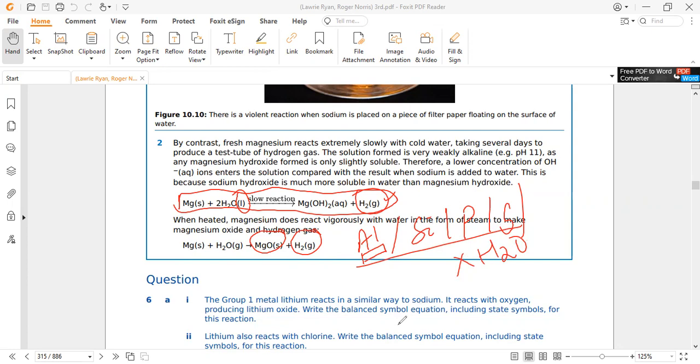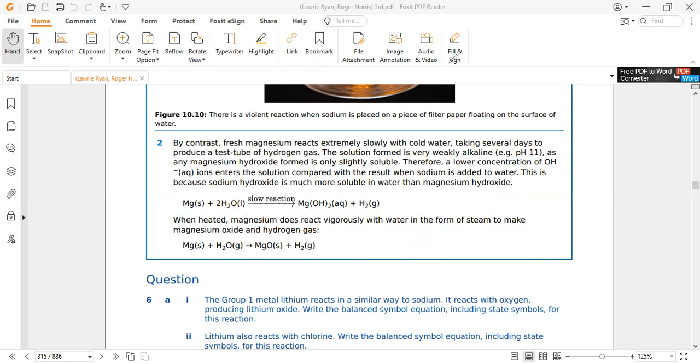Fortunately we have fewer equations in the case of water: only sodium, and for magnesium two equations, cold as well as heated conditions. Cold water with magnesium produces magnesium hydroxide and hydrogen. Hot water with magnesium produces magnesium oxide and hydrogen gas.